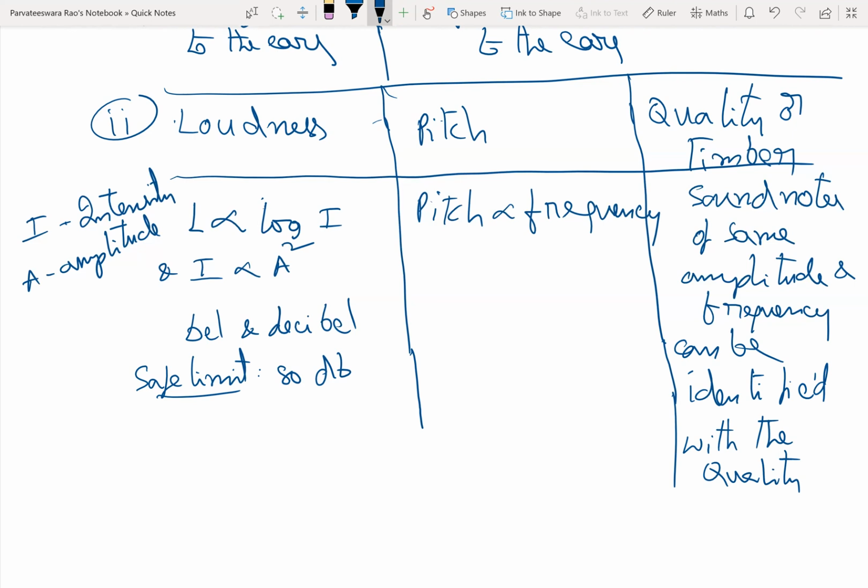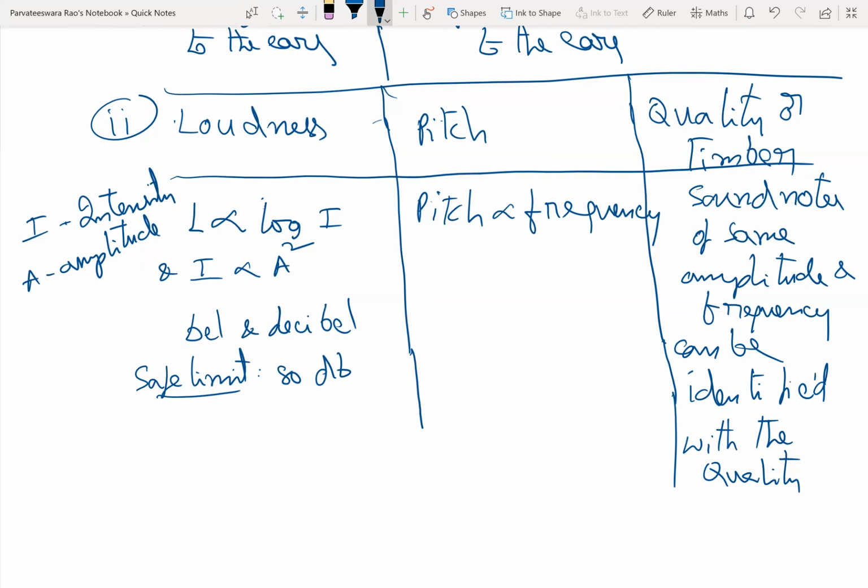So the source producing sound can be identified using this characteristic quality only. You can identify me by hearing my voice. And using the quality only, we can confirm that this is the sound coming from the shehnai, this is from the clarinet, this is from the flute, this is from a drum.